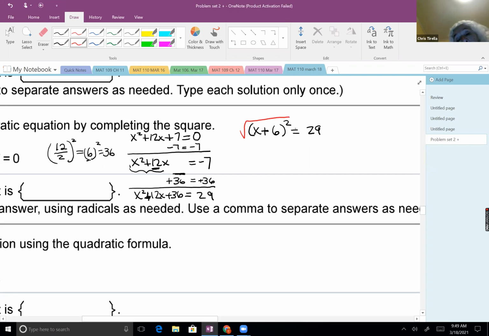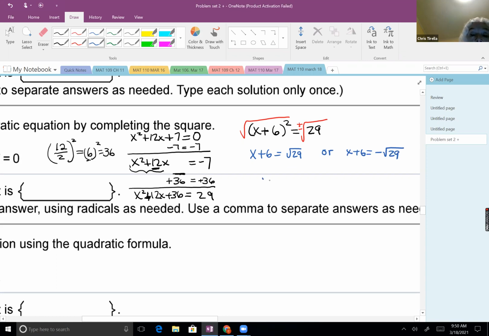We can take the square root of both sides, but we have to remember that that constant side has two roots, a +1 and a -1. So that leaves me with x plus 6 can equal either the square root of 29 or x plus 6 can equal the negative square root of 29.